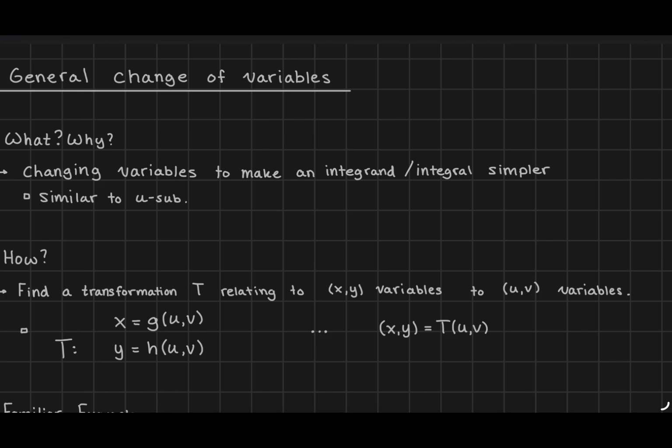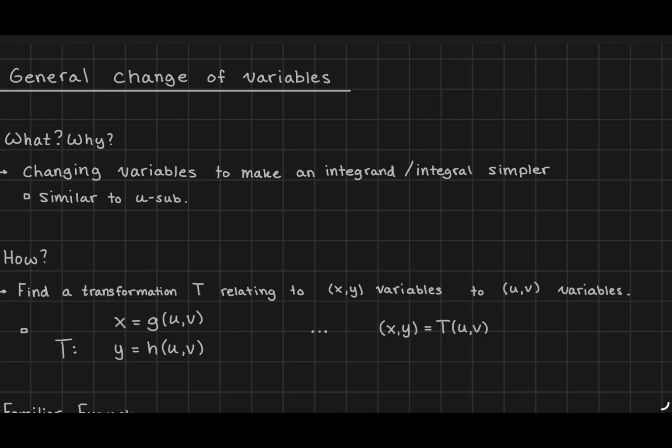Basically, our x and y coordinates are going to correlate to these uv coordinates by that transformation. So we're going to be changing our coordinate system manually, kind of. We're going to be showing the work, and it's mainly going to be parallelograms, as we'll see today.